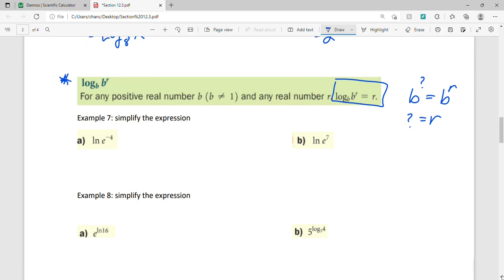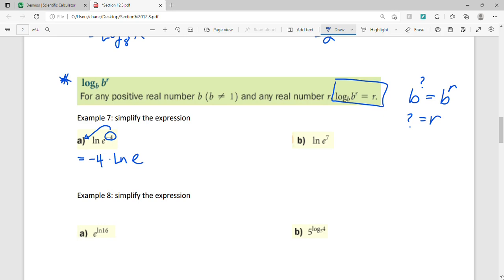In example 7, part A, we're looking for the natural log of e to the negative 4. Well, this means if I use the power rule, I could bring that negative 4 to the front. This is negative 4 times the natural log of e.